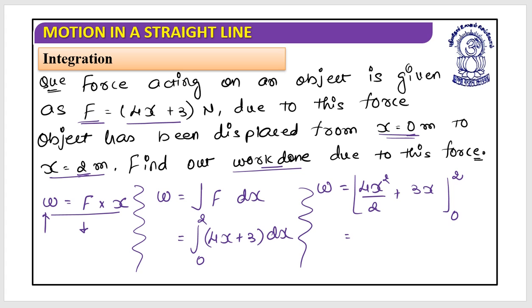It's 2x square, so this is 2 multiplied by 2 square plus 3 multiplied by 2. 2 into 4 is 8, plus 3 2s are 6, it's 14. What is the unit of work done? Yes, it is joule. So this should be the answer.